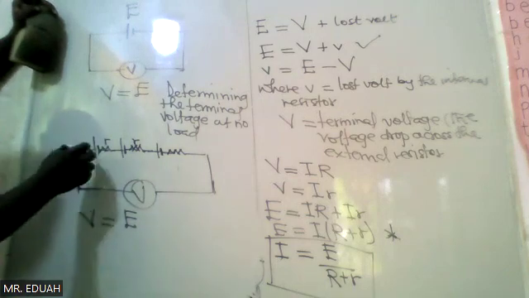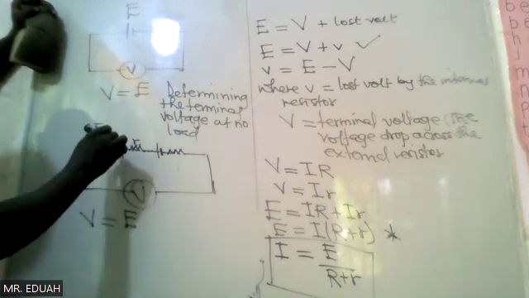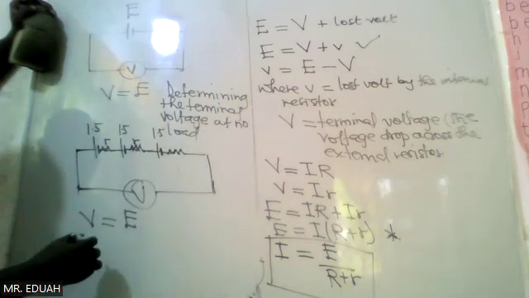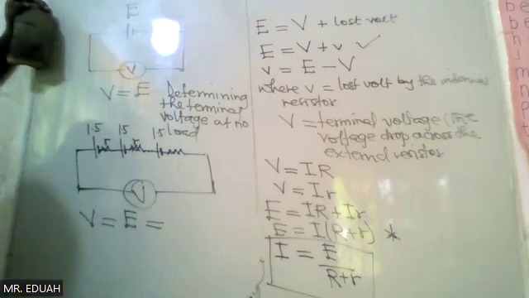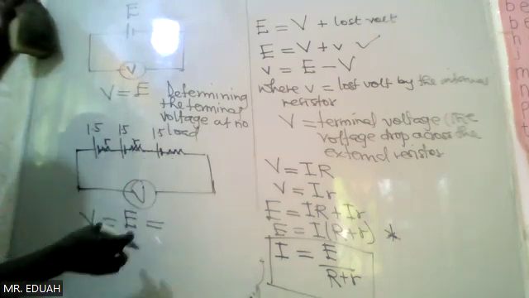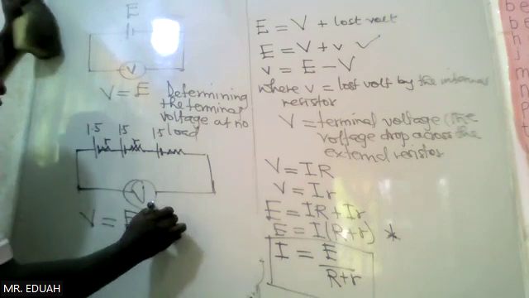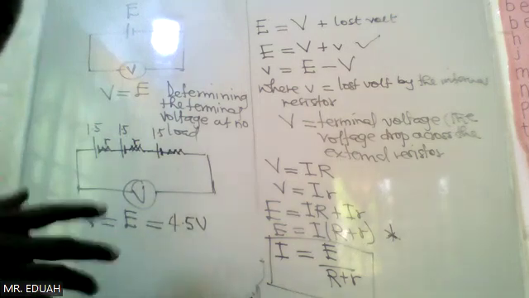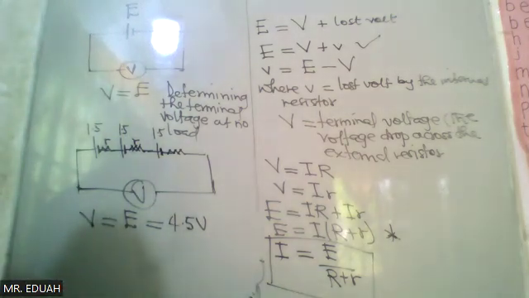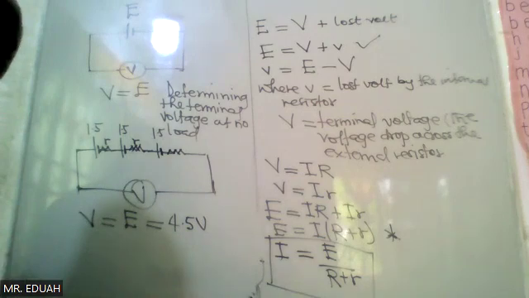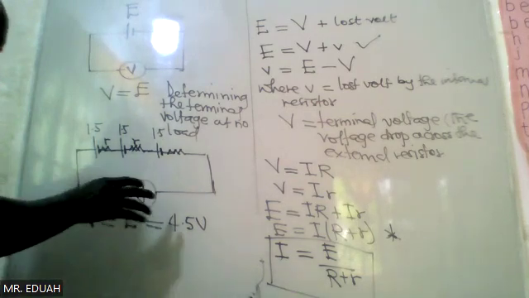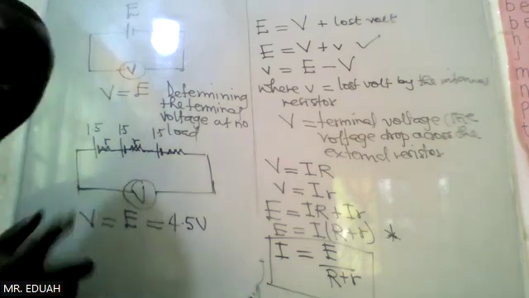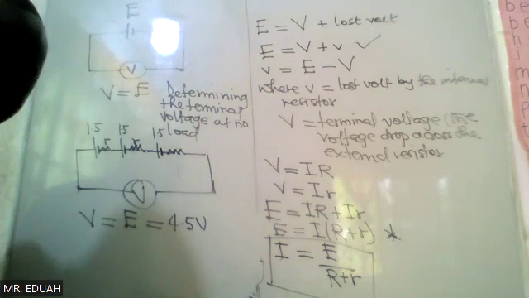So if each of the batteries has 1.5, 1.5, 1.5, then we expect the voltage drop across the batteries to be equal to 4.5 volts. And this is something we can always confirm in the lab. If you connect 2 batteries and then connect a voltmeter across them, the voltmeter must read something close to 3 volts. Please, are you with me?